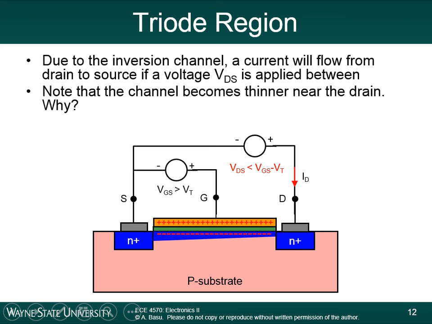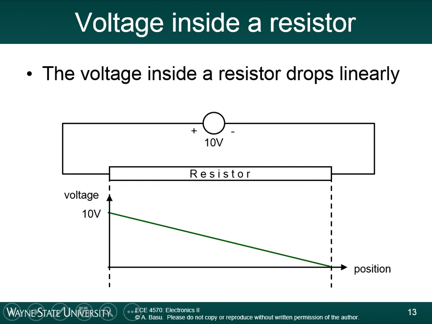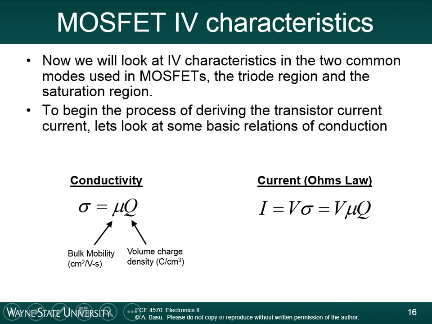The resistance R is equal to L divided by sigma A, from chapter 3. We figured out how to calculate the resistance of a semiconductor, so we're bringing back some of those concepts.